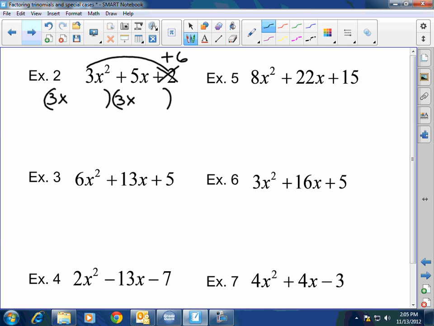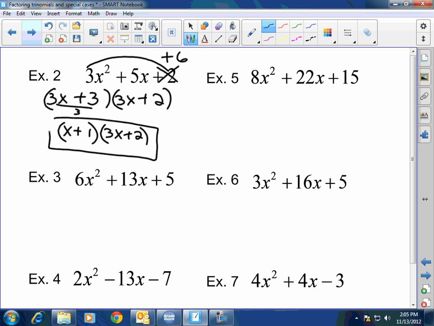What times what is 6, but when added together is 5? 6 and negative 1, 6 times negative 1 is negative 6. That's wrong. Okay, positive 3 and positive 2. Check it out, guys. Artificial factor of 3. So that's x plus 1 times 3x plus 2. You're done. Goodbye. Have a good day.